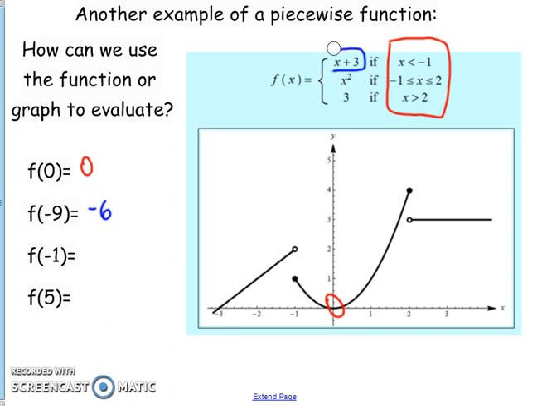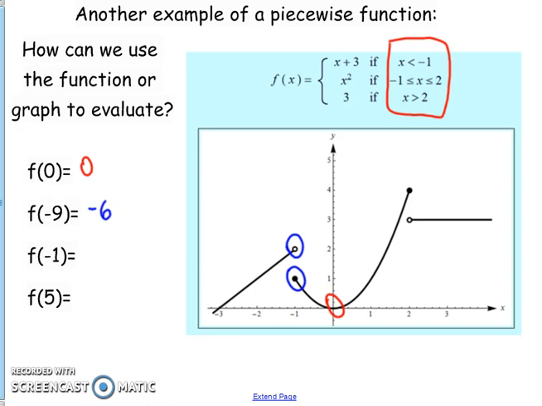Now f of -1. If I look at my graph, I have two pieces. I have this piece and I have this piece. Both of them look like they're at -1. However, one of them is an open circle and one of them is a closed circle. If I want to find when x is equal to -1, I would use the closed circle.